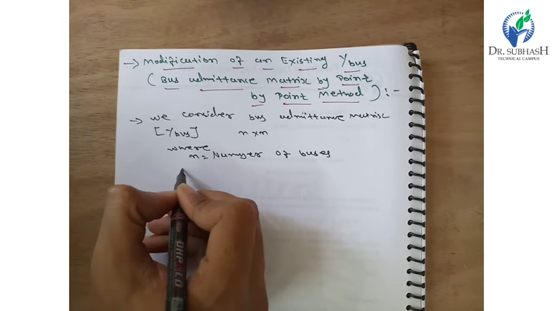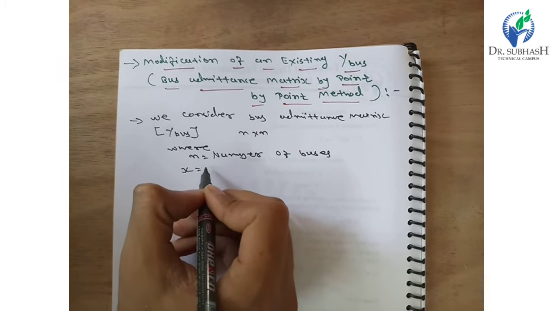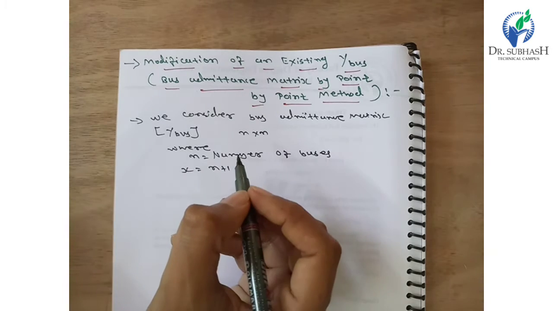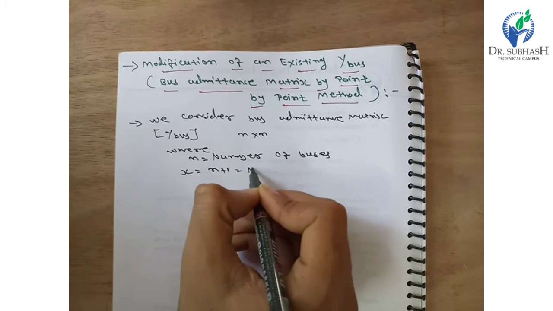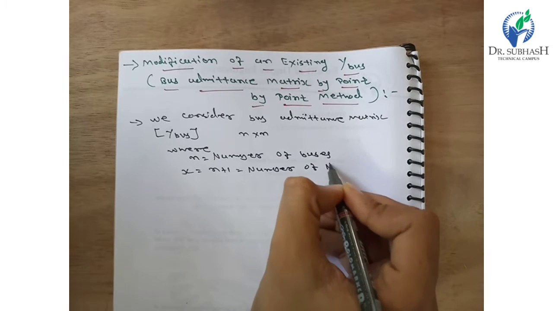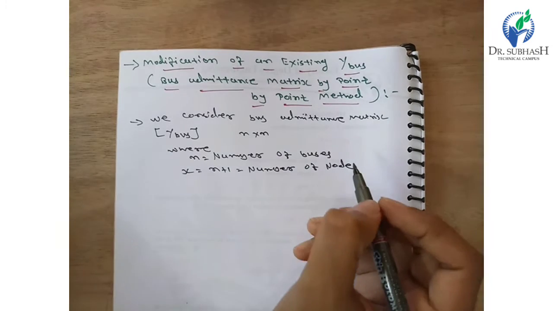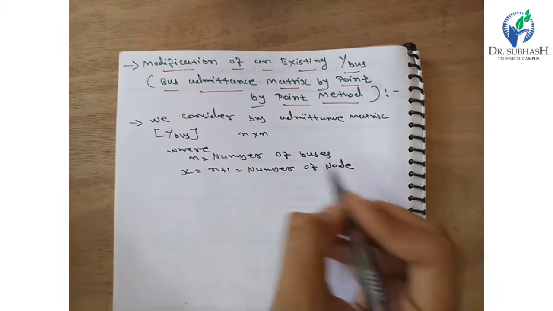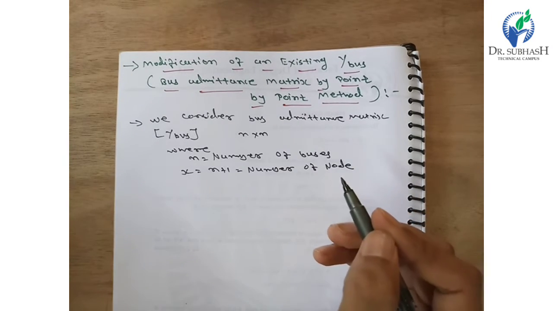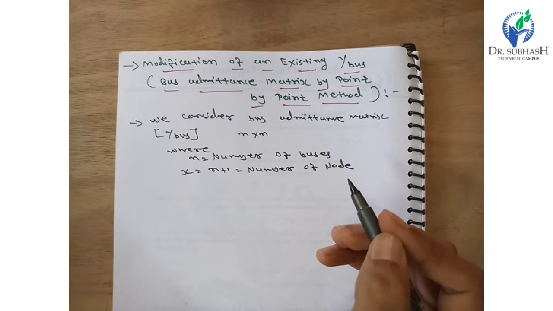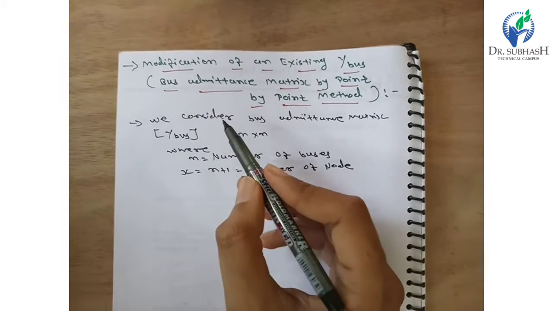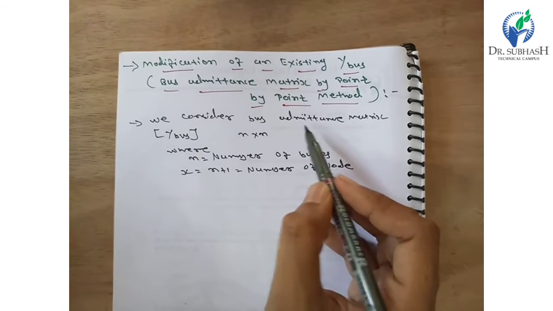And here we write x equal to n plus 1, the number of nodes including the reference node. The reference node is represented as 0 and the other nodes are represented as 1 up to n. This value is considered for the bus admittance matrix.